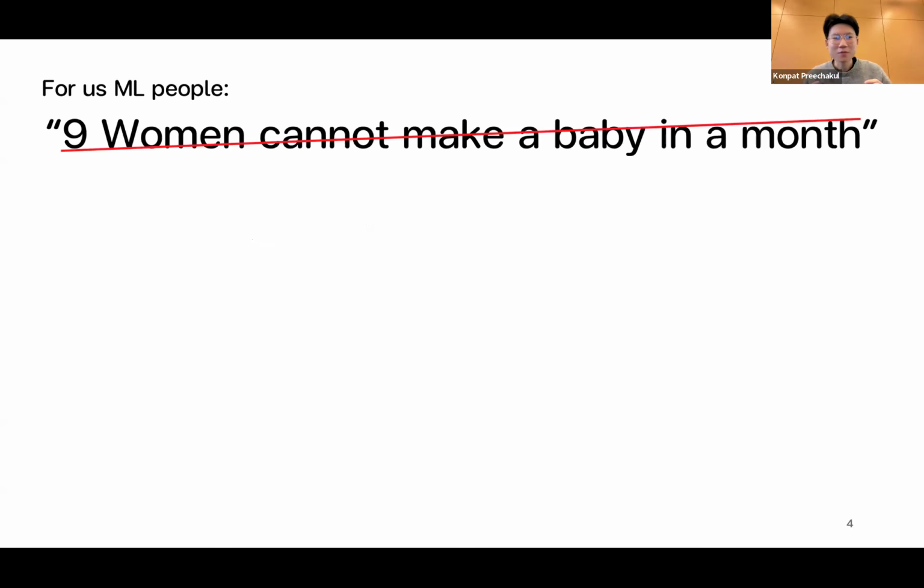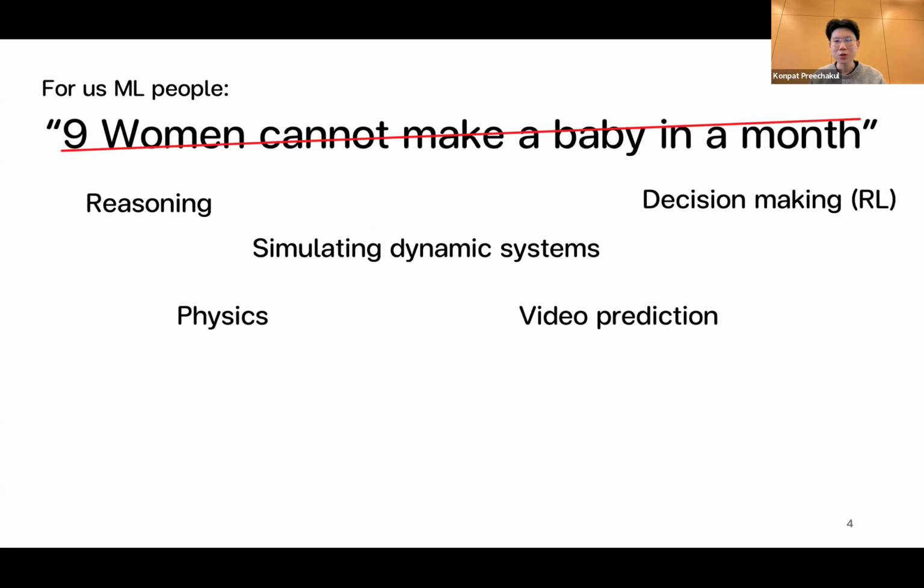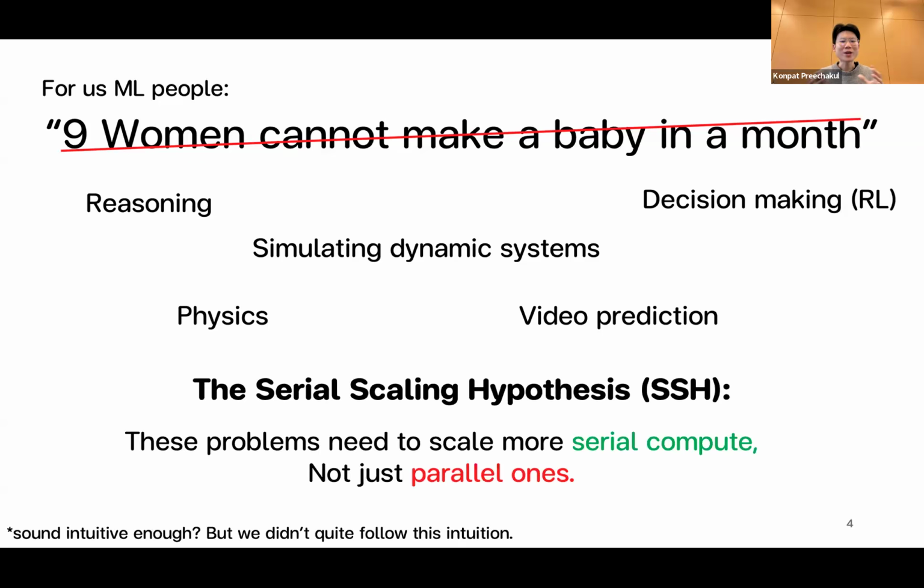So joke aside, for us ML people, we might be careless about what human development is, but we care about reasoning, simulating dynamic systems, physics, video predictions, decision making, such as RL, right? So in one sentence, the serial scaling hypothesis says these problems need to scale more serial compute, not just the parallel ones.